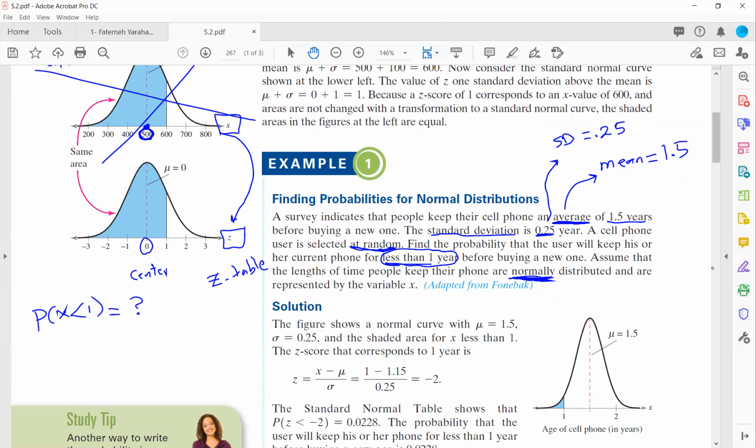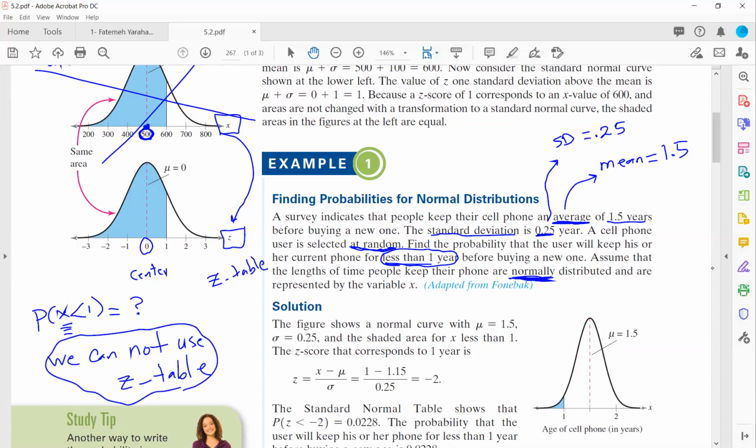Less than 1 year. First of all, this is X. Since it's X, we cannot use the Z table. The Z table is all about Z values. It's not about X values. We cannot use the Z table. What's the remedy for that?